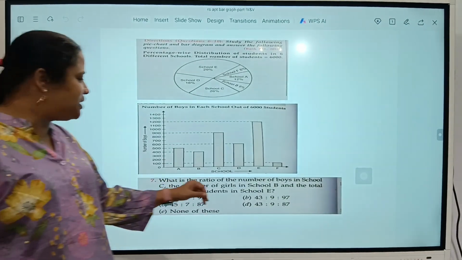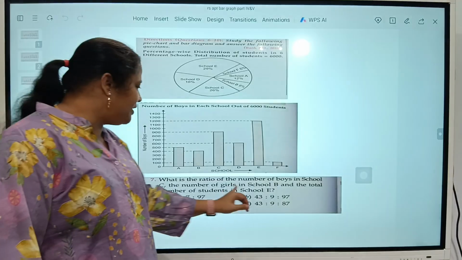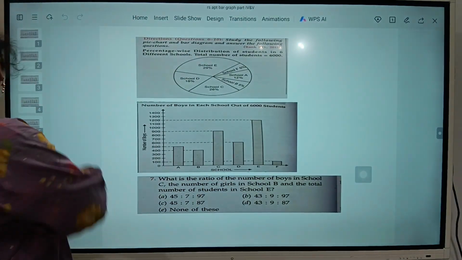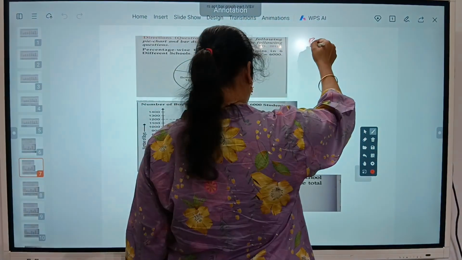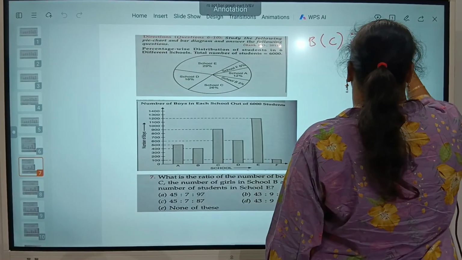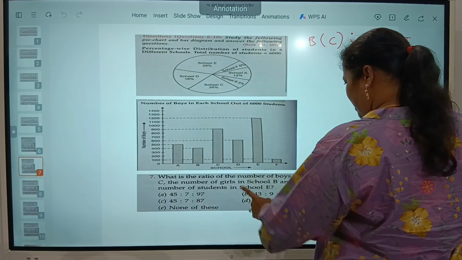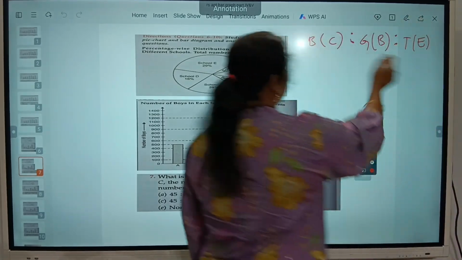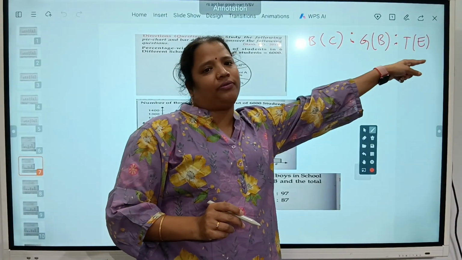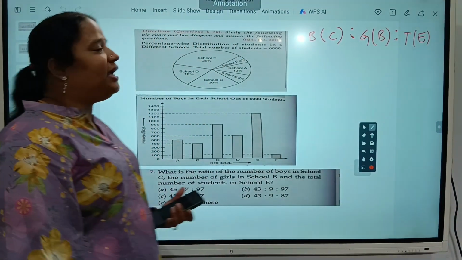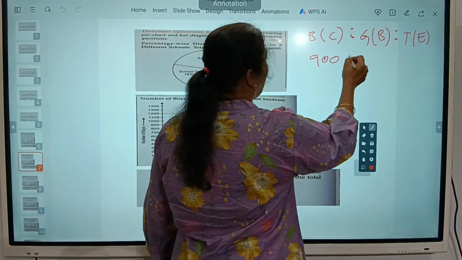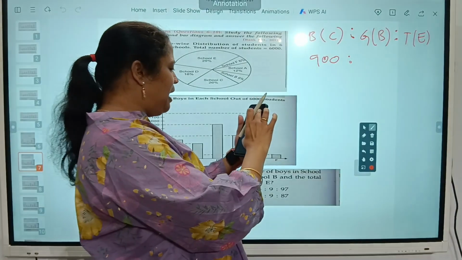What is the ratio of the number of boys in school C, the number of girls in school B, and the total number of students in school E? So the equation to solve the question is: number of boys in school C is to number of girls in school B is to total number of students in school E. Here the number of boys in school C is 900, and the number of girls in school B we have solved in the table.